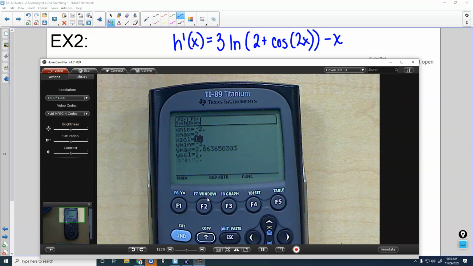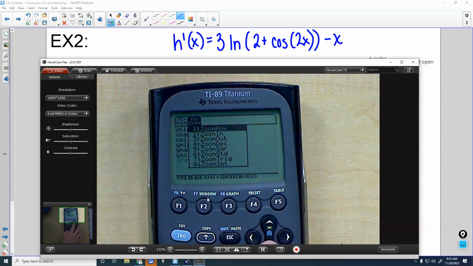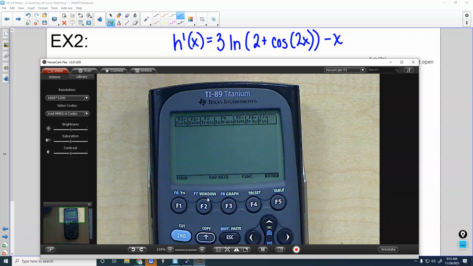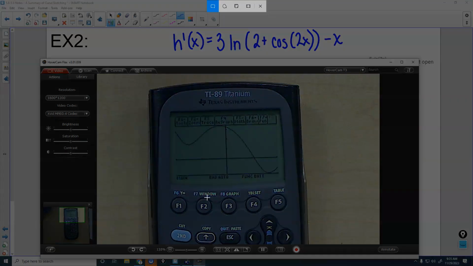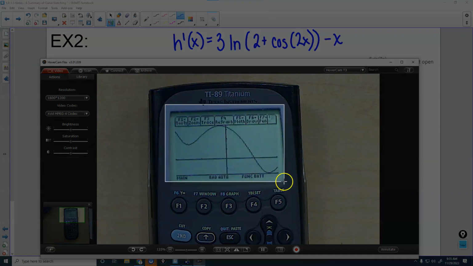And if I want my y coordinates to show correctly without me having to play with them, I press F2 and choose zoom fit, which is A, and it should graph hopefully a pretty good graph for us. Looks like a dragon. This looks a little like the back of a dragon.